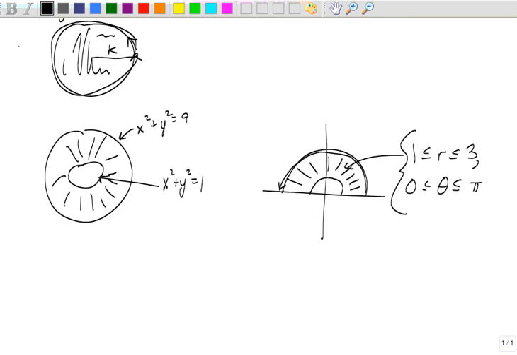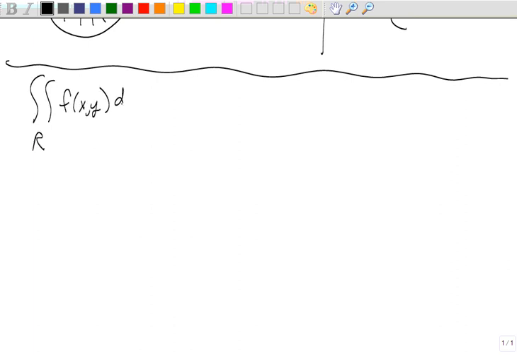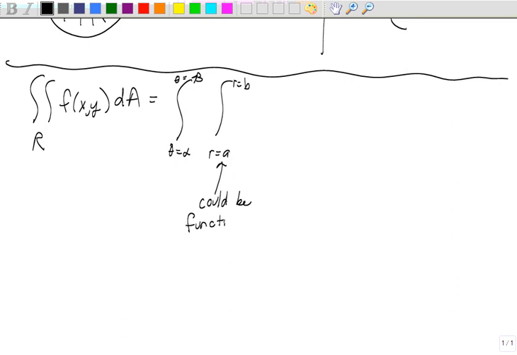Sometimes it's easier to go to polar coordinates to do the integrals. So if I have some region I'm integrating a surface over, then in polar coordinates that's going to be theta from alpha to beta, and r goes from A to B, and these A's and B's could be functions of theta. Then to change it, we would use this formula.